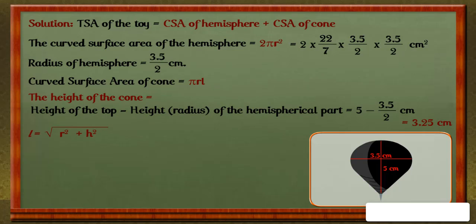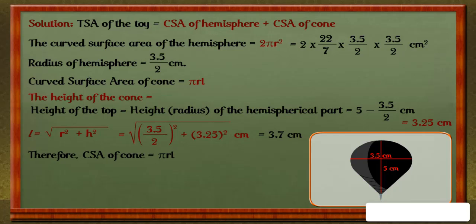So, the slant height of the cone is under root r square plus h square. Putting values, we have under root square of 3.5 by 2 plus square of 3.25. On solving, it gives 3.7 centimeters.